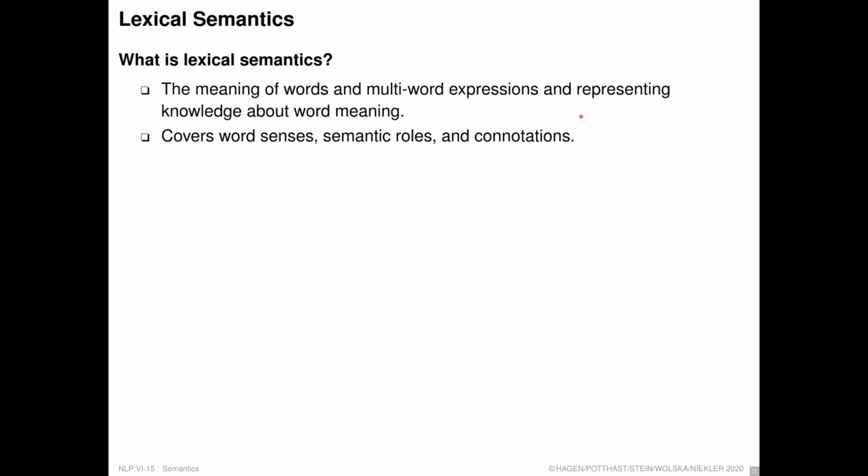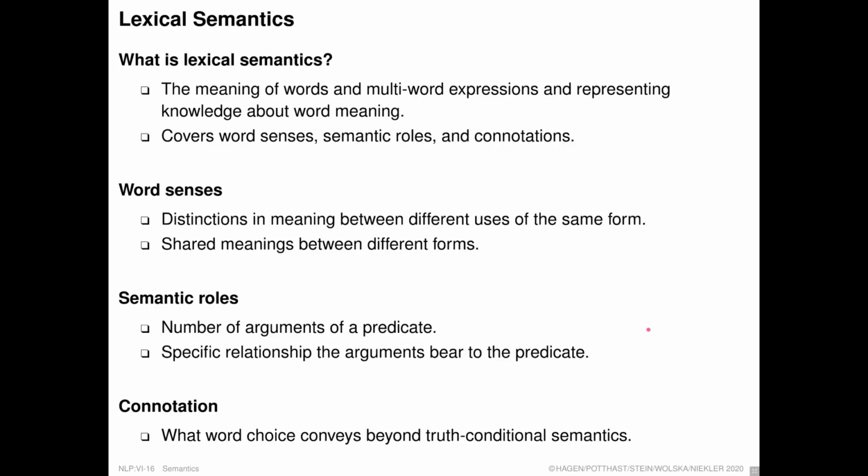This covers aspects of words such as word senses, semantic roles, and connotations. So how the words or multi-word expressions are to be associated, but without looking at context, just looking at what the associations might be.